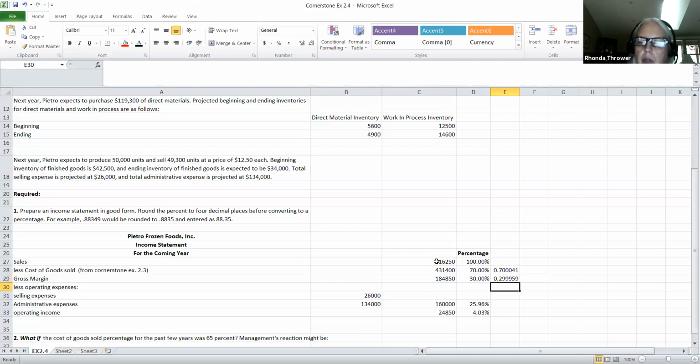And that will give you this figure right here. And then once it's rounded properly, you'll round it to this percentage here. Remember, you're going to take your decimal out 5 places, round it back to 4 places, and then move your decimal 2 places to the right. So it ended up being rounded up to 30% here.